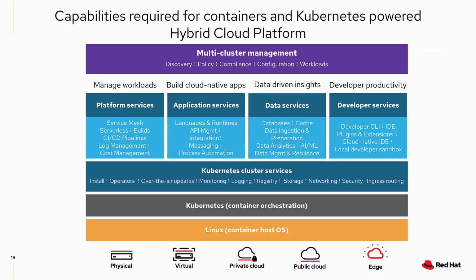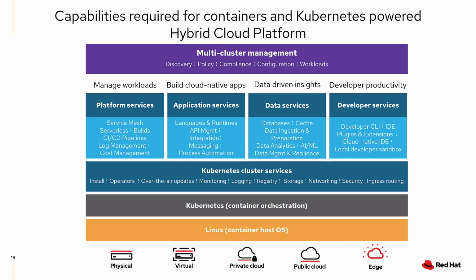Yeah, and this is an architecture view of what I showed on the previous slide. These are the different capabilities that you need to build out a Kubernetes-powered hybrid cloud platform with self-service capabilities. At the bottom, you see the container host OS. It could be on all kinds of locations.